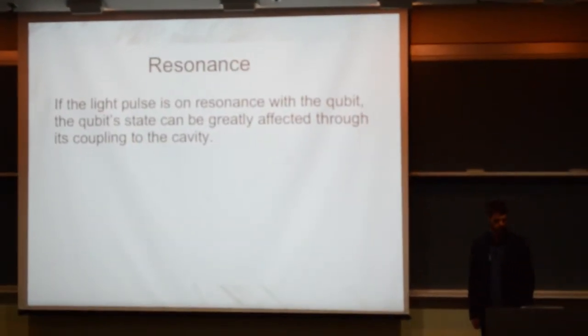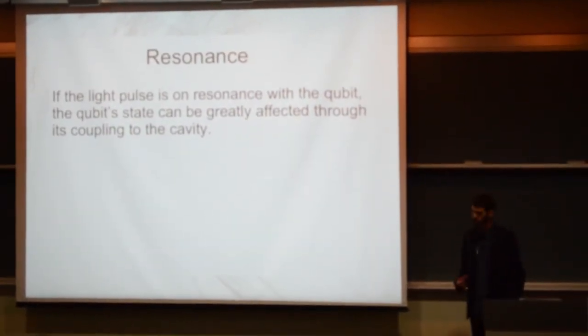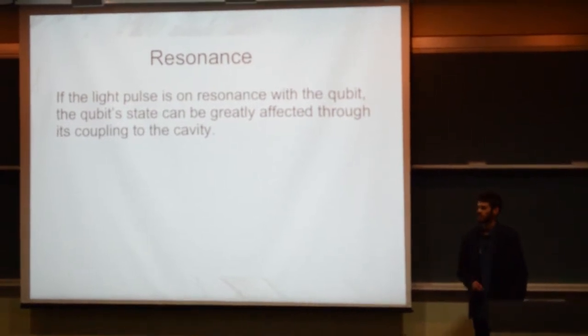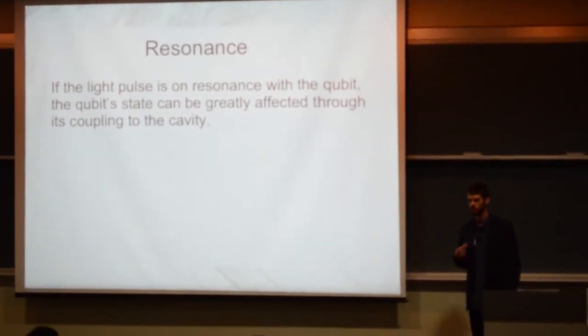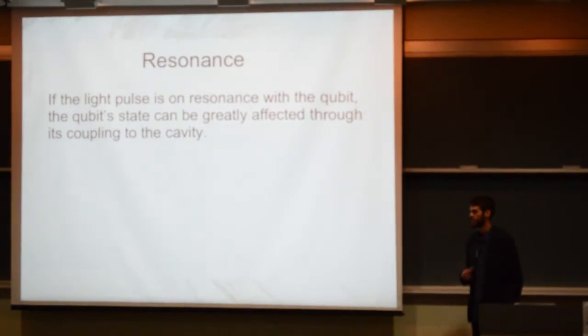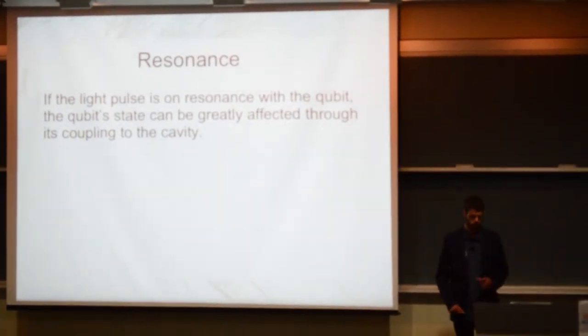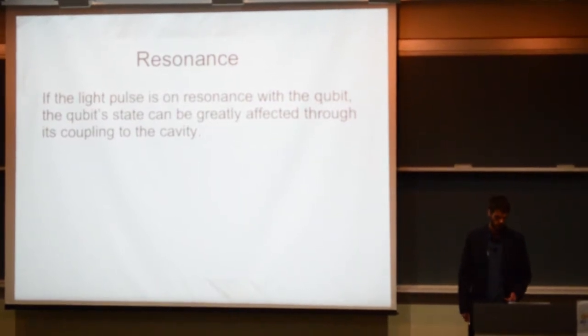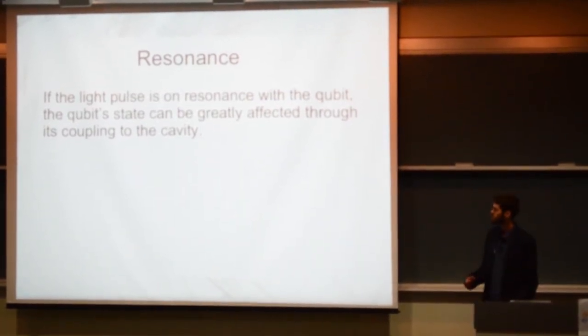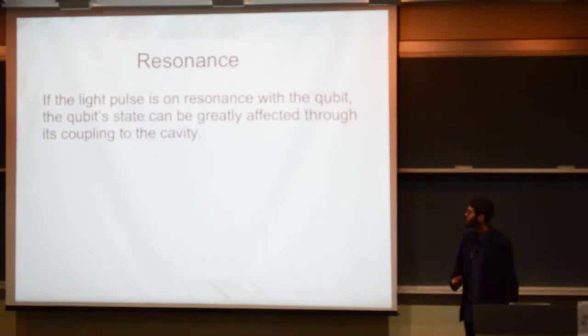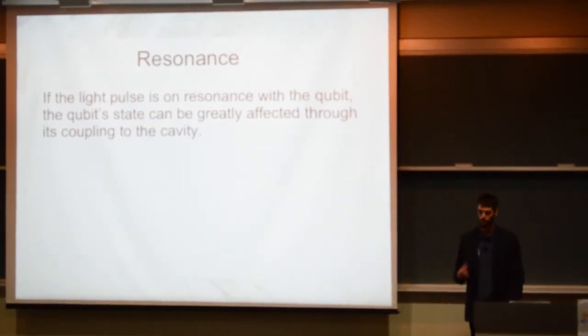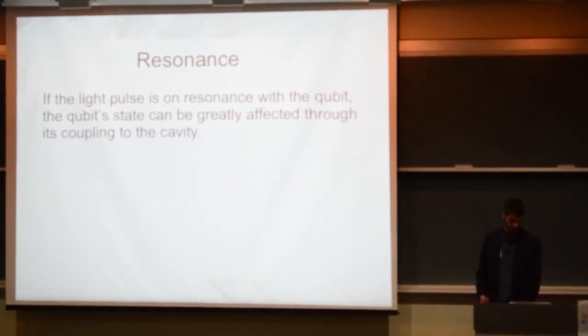And if the light pulse is on resonance with the qubit, meaning that the light pulse's frequency is the same as the frequency corresponding to the difference in the qubit's energy levels, then this light pulse can also have a big effect on the qubit, even though we are using it to drive the cavity.